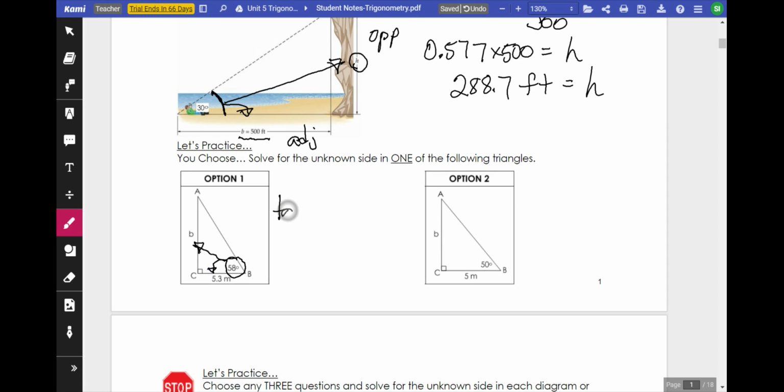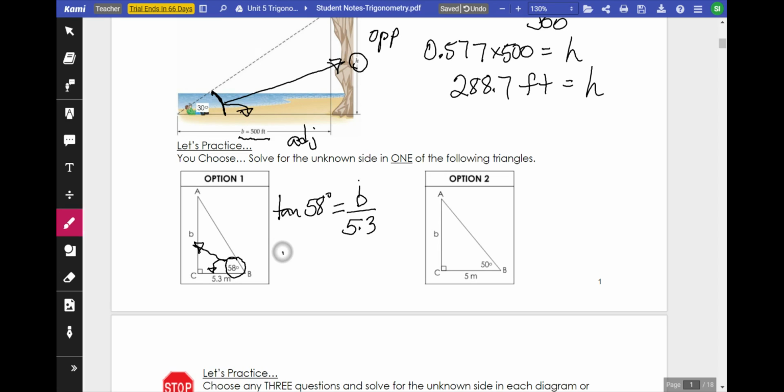So tangent of 58 degrees equals opposite b over adjacent 5.3. Now again, because the unknown is in the numerator or on the top, this is a multiplication question.